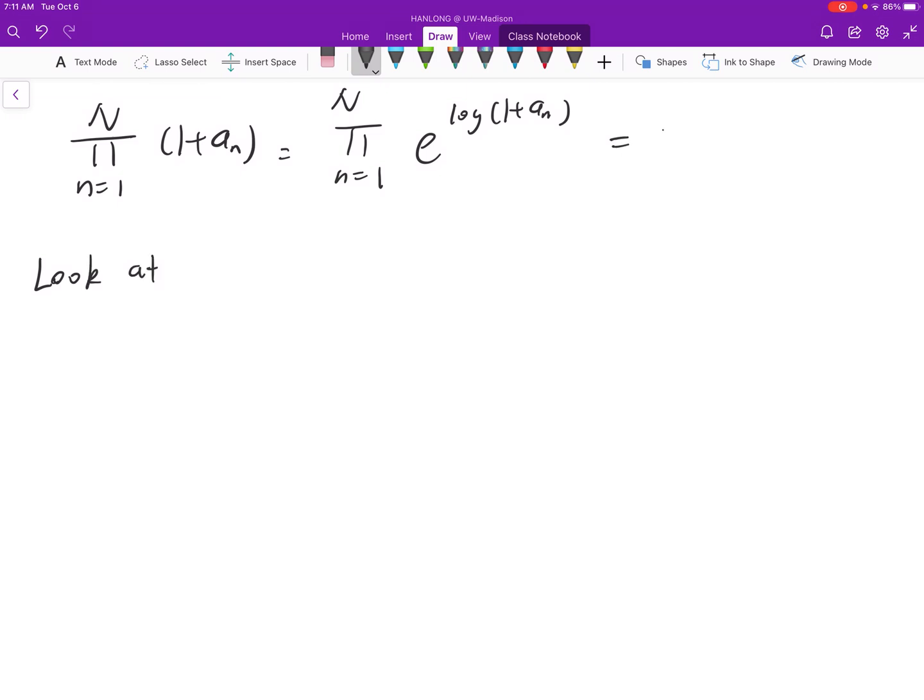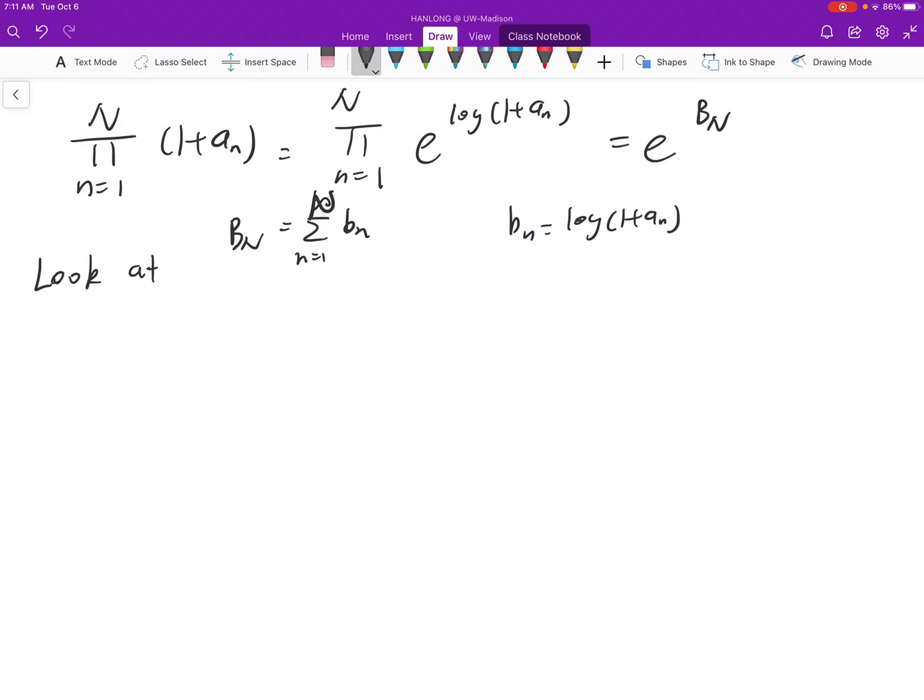Let's denote the exponential of the sum of bn, where bn is log 1 plus an.